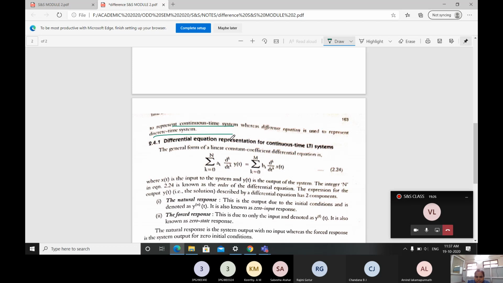Differential equation representation for continuous time LTI system.